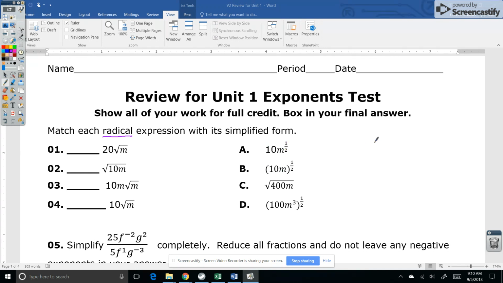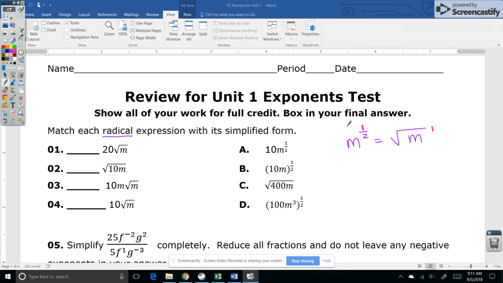So let's review quickly what a rational exponent looks like. In a rational exponent, I have a numerator, the 1, and I have a denominator, the 2. When I convert this to a radical expression, the numerator of my fraction, this 1, becomes the power.